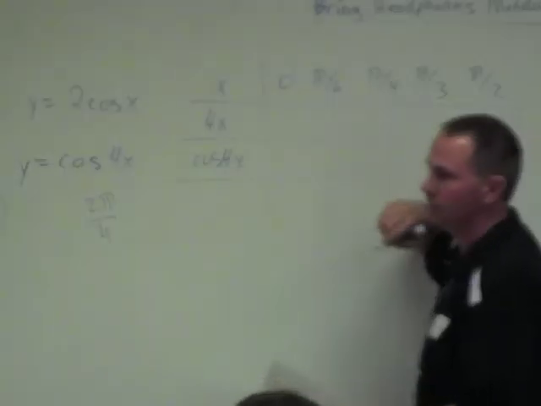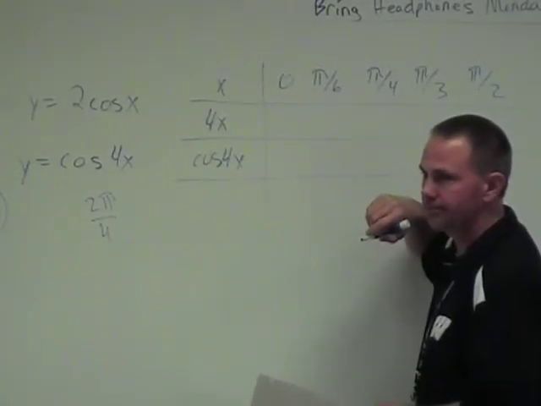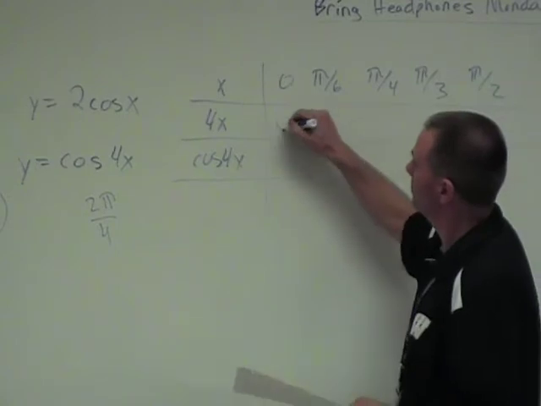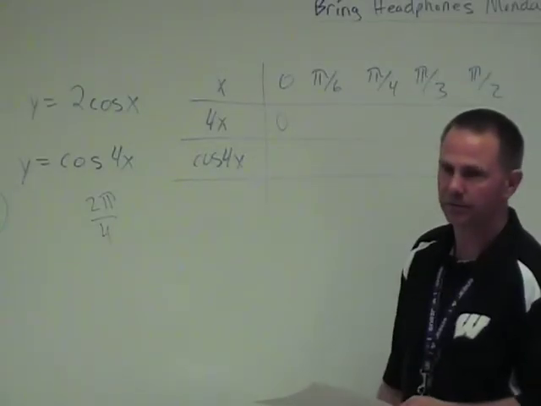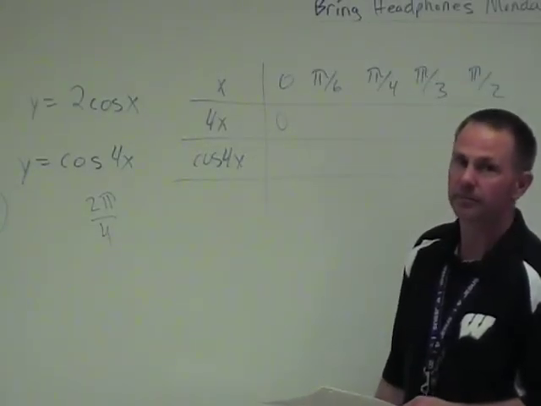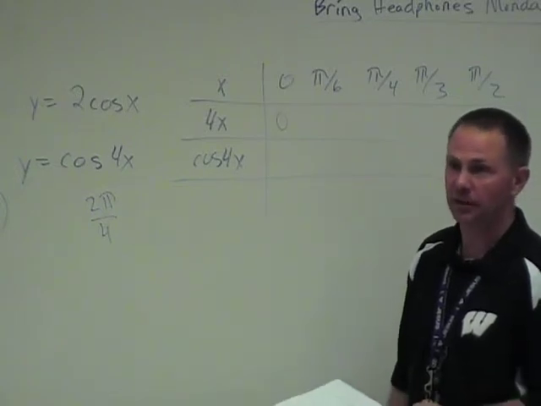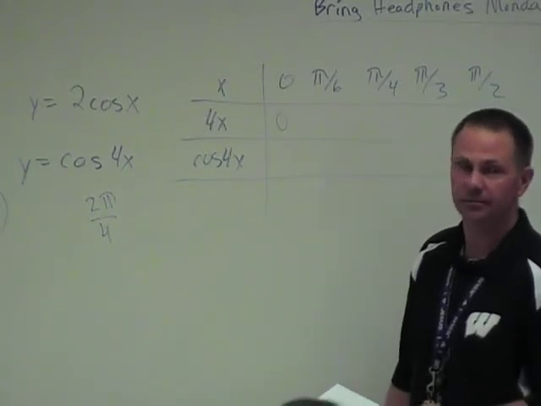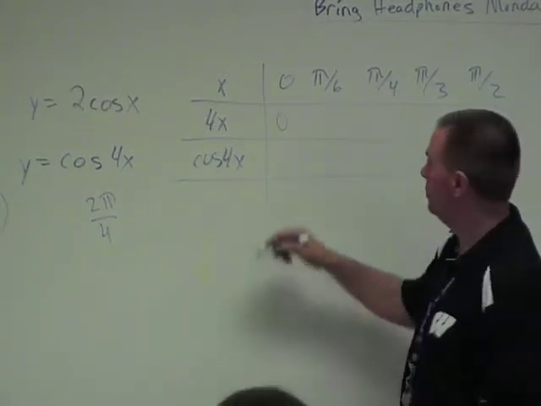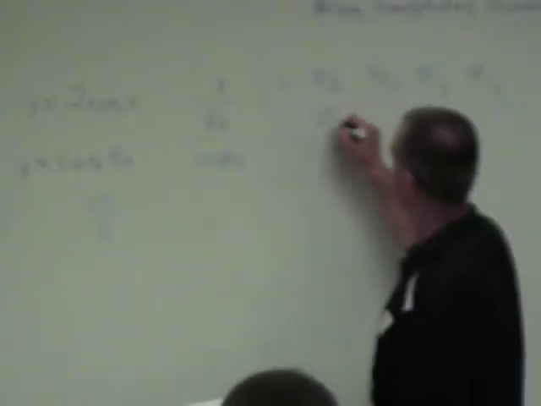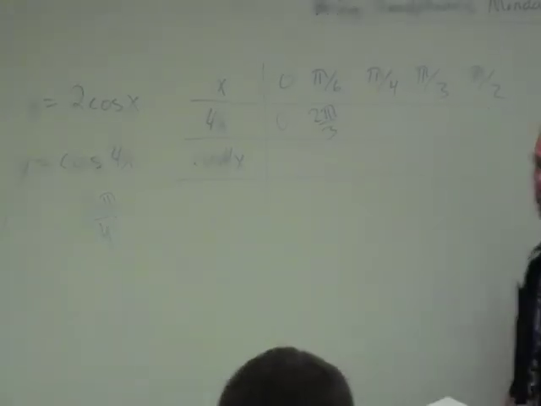What's 4 times pi over 6? 4 times 0 is 0. 4 times pi over 6? 2 pi over 3. Thank you. What's 4 times pi over 4?